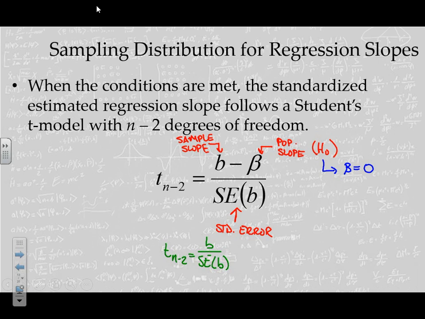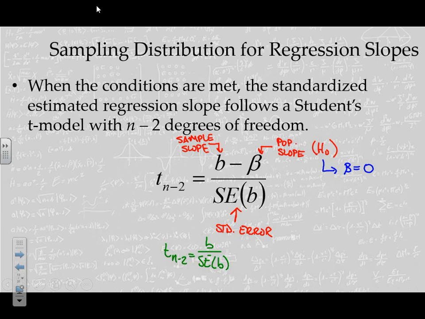Once we have our t value, so once we know that t is equal to whatever specified value there, what would we use on our calculator to get our p-value? Well, the inverse would get us our critical value for a confidence interval. We'll talk about that here in a second. But if I know my t-value right now and I want to calculate a p-value from it, I would use t-CDF.